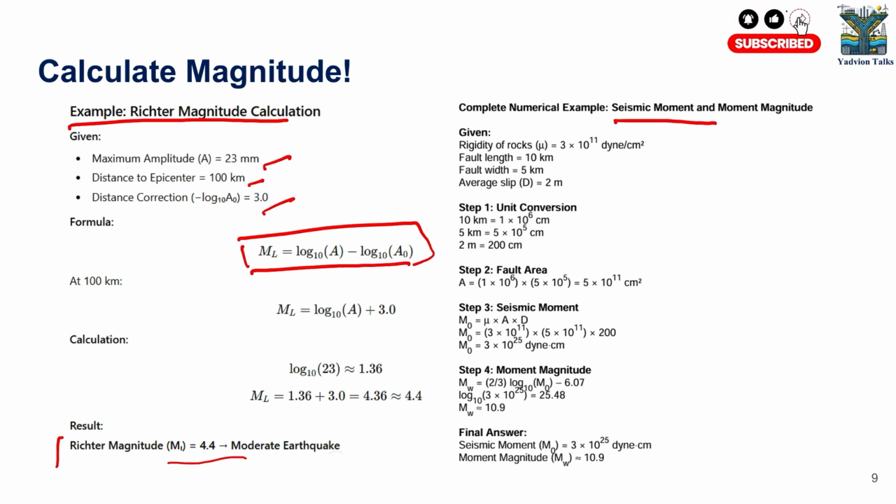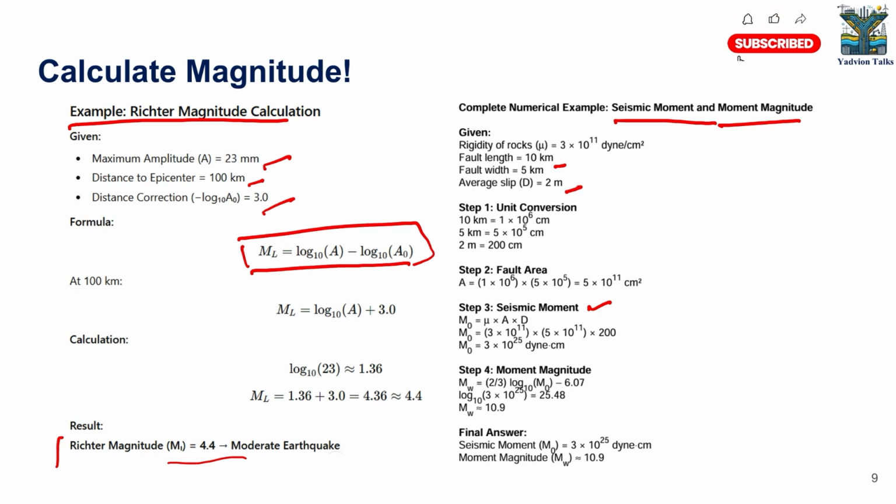Now we will calculate the seismic moment and moment magnitude, right? The seismic moment is denoted by M0, which is equal to mu times A times D. The rigidity of rock is very important here, 3 into 10 raised to power 11 dyne per centimeter square. We will require fault length, fault width, and average slip depth.